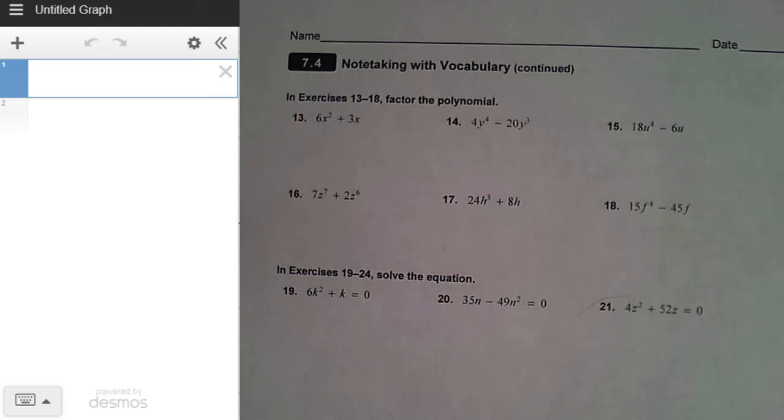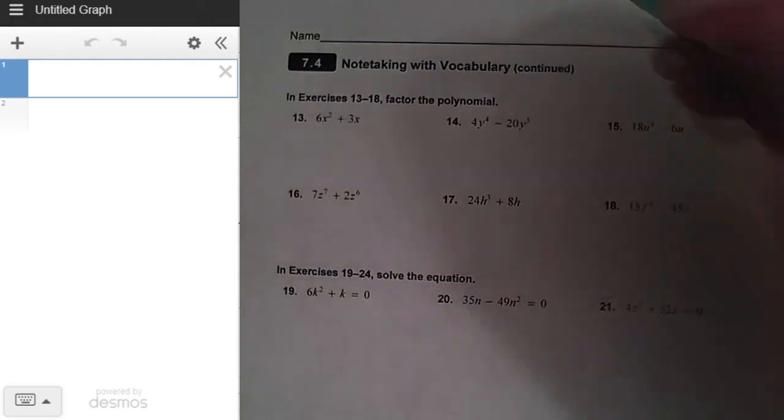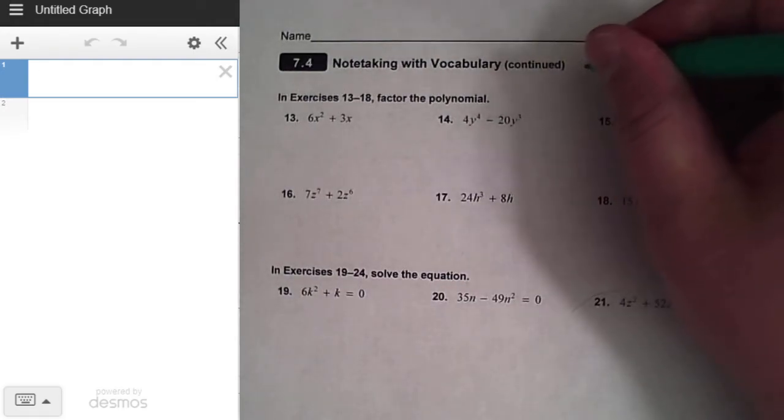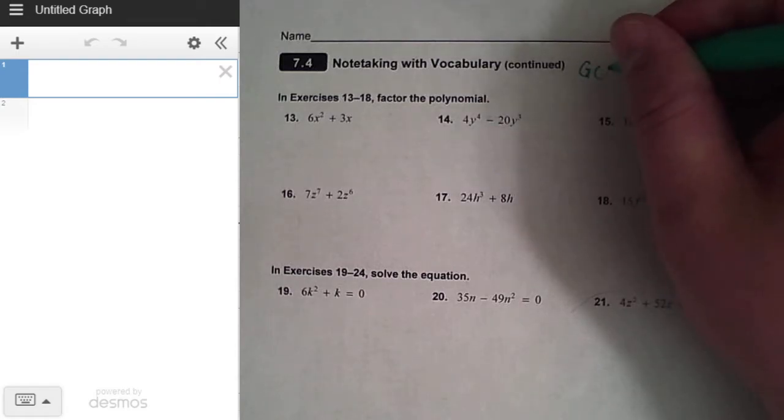We're doing the second half of our 7.4 notes, which is going to be solving those polynomials when they are factored. Well, this part is actually when they're not quite so factored and we have to do a step to get them factored. So in 13 through 18, it tells us to factor the polynomial, and we're going to be using something called the GCF to factor these.